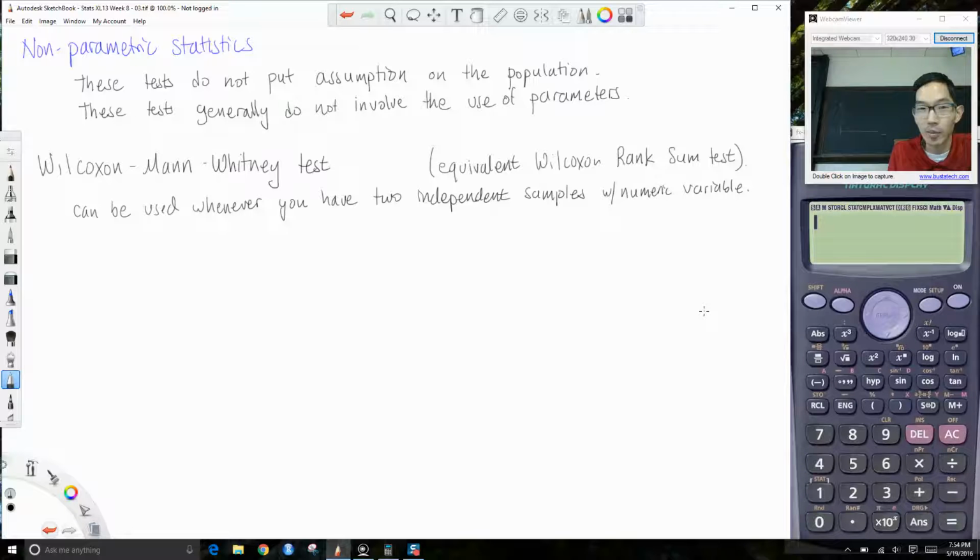So anyway, the Wilcoxon Mann-Whitney test can be used whenever you have two independent samples with numeric variables. This is less powerful than the t-test for independent samples.